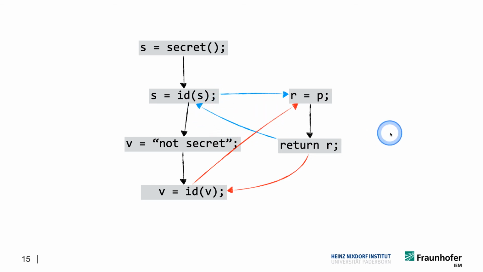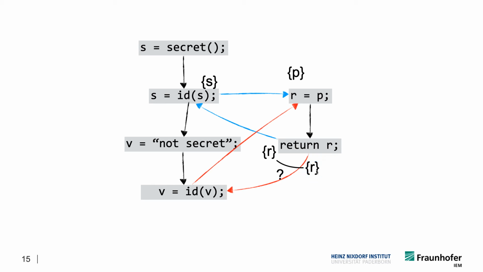Because I know what it's supposed to be like, but in a context insensitive analysis, we don't basically have any colors, right? So the problem is then as follows. If you taint this value S here, it's basically tainting P on this level, the parameter value, and it's then tainting R down here, right? And now the question is, given this taint value R, where does it need to be returned to? Because normally we don't know anything about these return edges, we just know that R is tainted and it should be returned to potential callers.